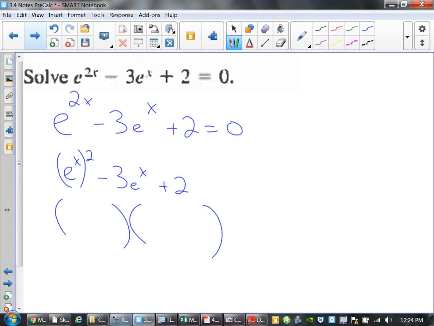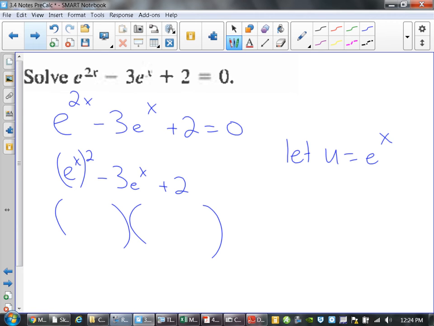Here's what I can do. Do you remember this little trick before called U substitution? No. It's a nice trick when you see 3 terms, when you have your powers descending like that, like a regular old quadratic.